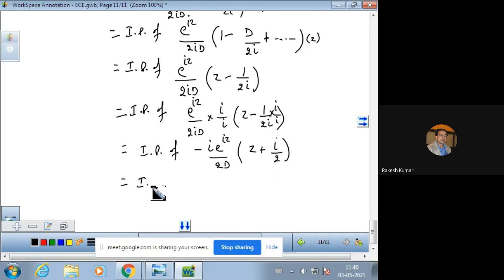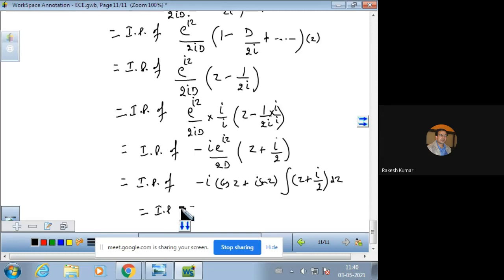Now imaginary part of minus iota, open this, that will be cos z plus iota sine of z, and 1 over D is in the denominator. 1 over D means integration. So integration of z plus iota by 2 with respect to z.